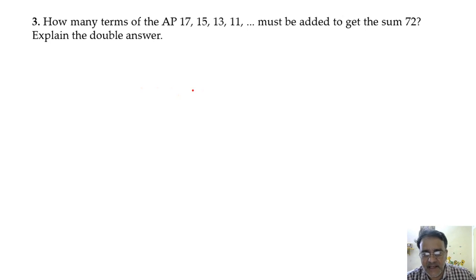So I am giving one example. 6, 4, 2, 0. What is the sum of these numbers? 12.